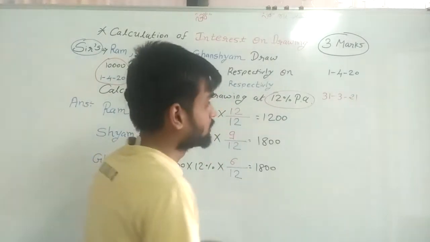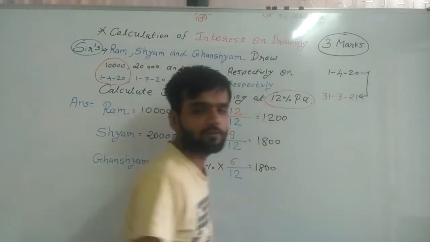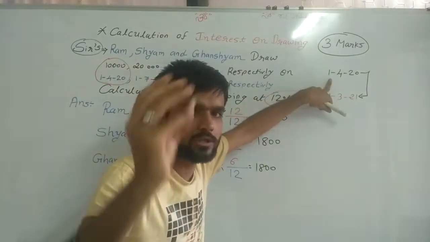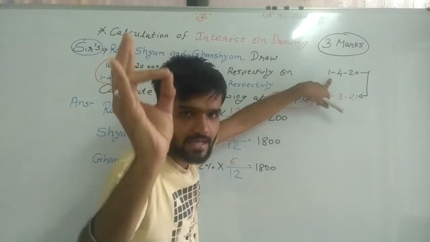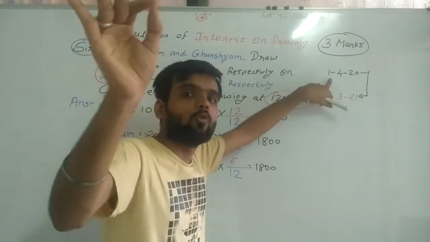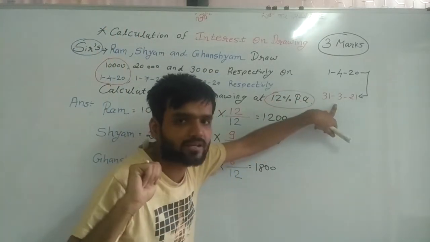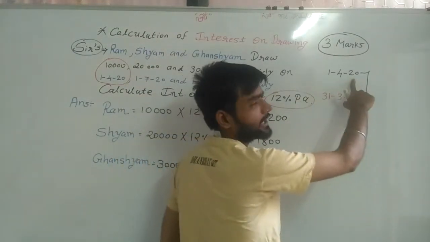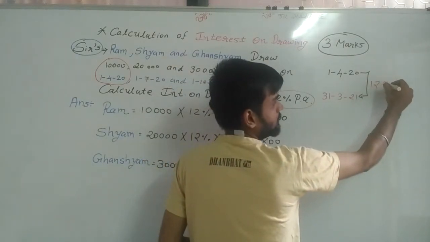From 1/4/20 to 31/3/21, how many months are there? 1/4 means the whole of 4th month, so 4, 5, 6, 7, 8, 9, 10, 11, 12, again 1, 2 and 3 up to 31/3. So there are 12 months.